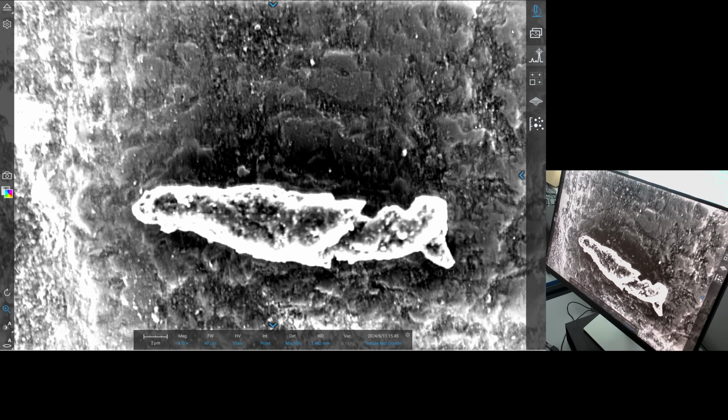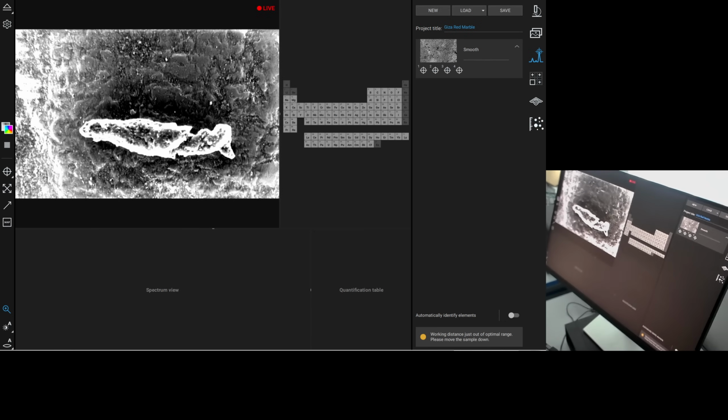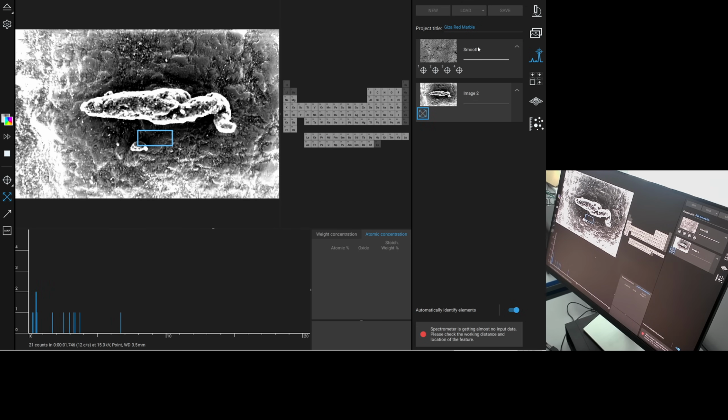It's charging quite a lot, isn't it? Anyway, let's see what that is. Oh, it looks like it's missed it. It can't see it.